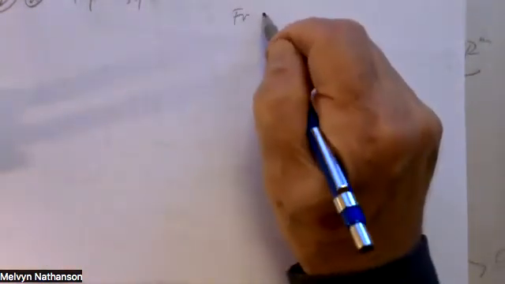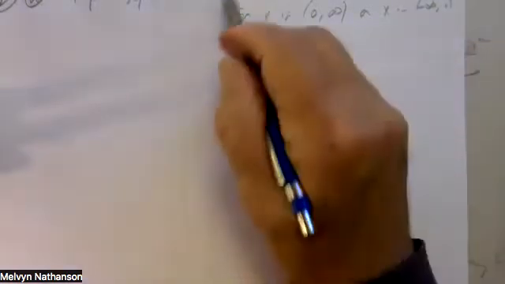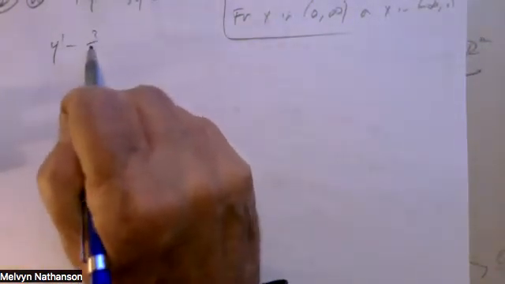So for x either greater than 0 or x less than 0, that means for x in the open interval from 0 to infinity, or x in the open interval from minus infinity to 0, since you can't divide by 0, you get y prime minus 3 over x y is 0.